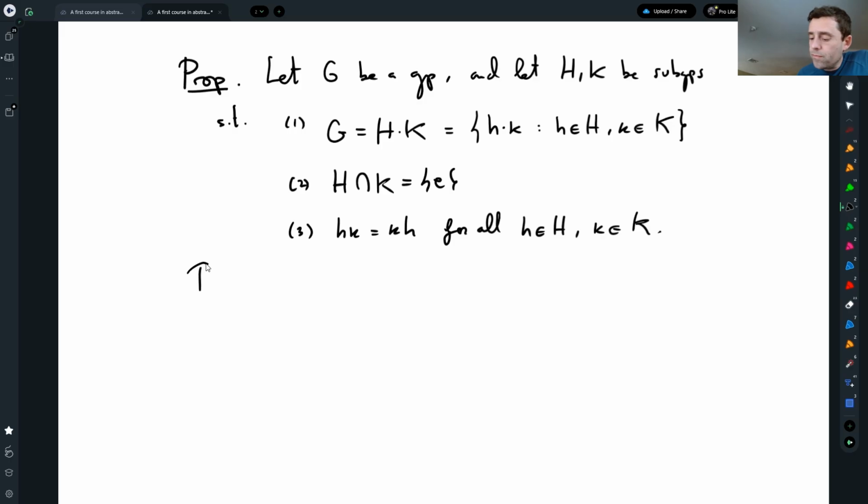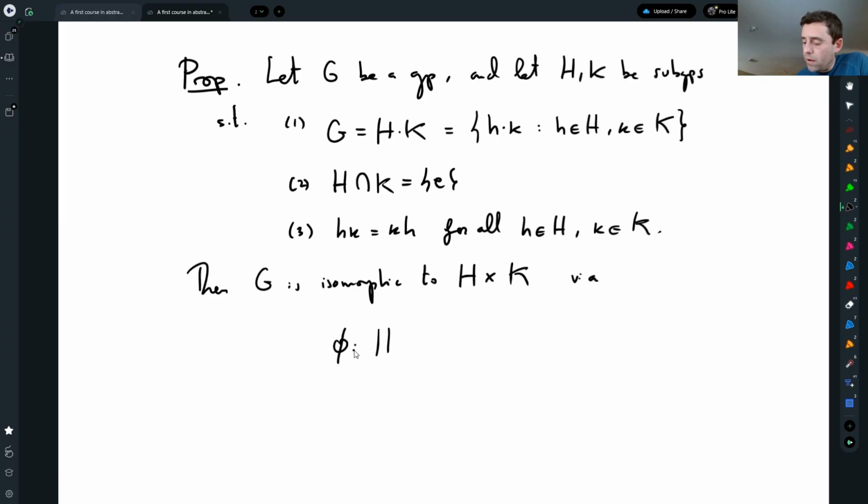Then G is isomorphic to H cross K via the isomorphism given by H cross K goes to G and sends pairs (h, k) to h times k.